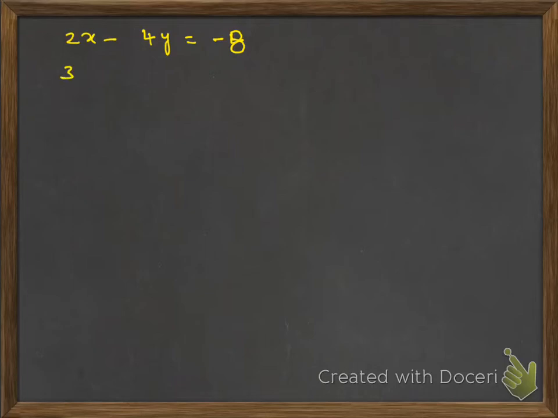Okay, and let us say 3x minus 16y. Okay, so you have got 2x minus 4y equal to minus 8, and 3x minus 16y equal to minus 58, for example.